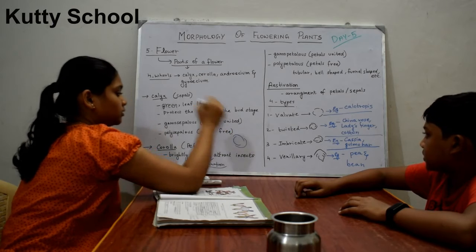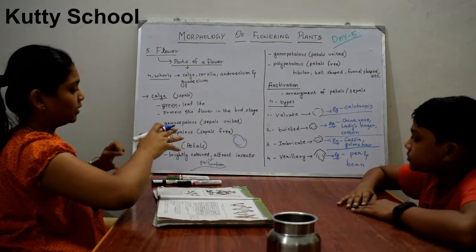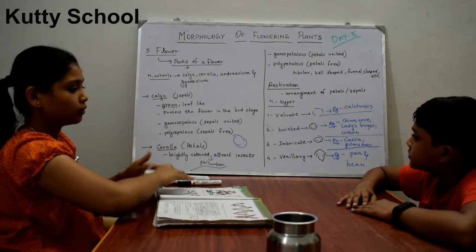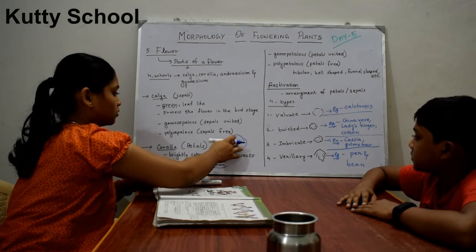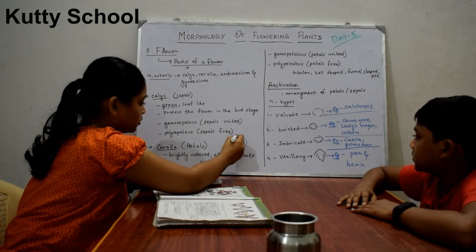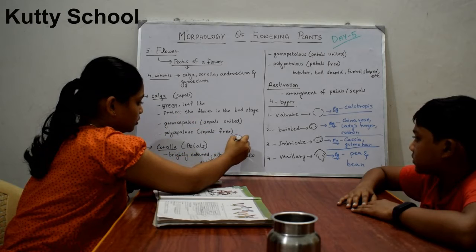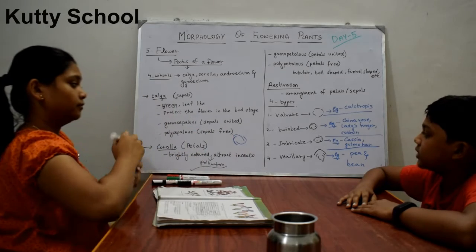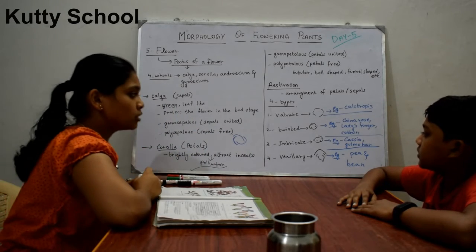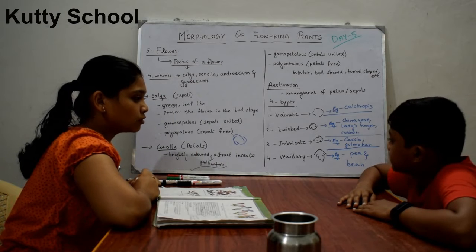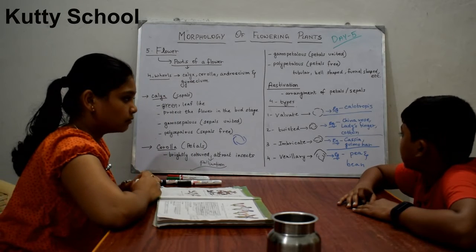One is inside, one is outside; another one is inside, another is outside. Can you understand? So this is twisted. Examples are China rose, lady's finger, and cotton.